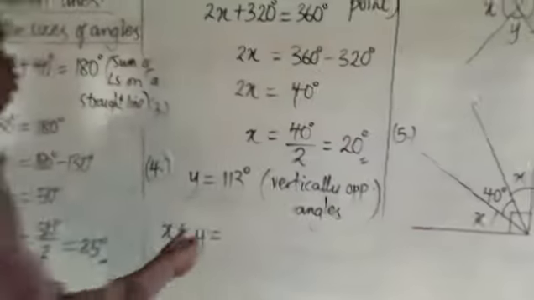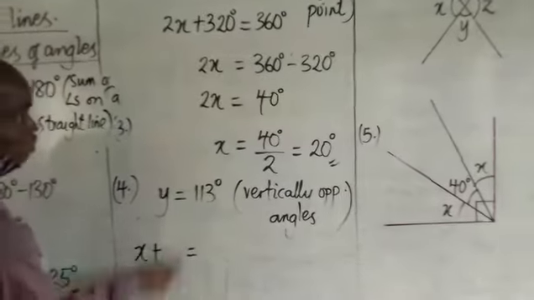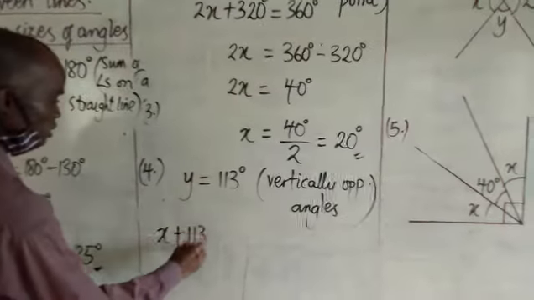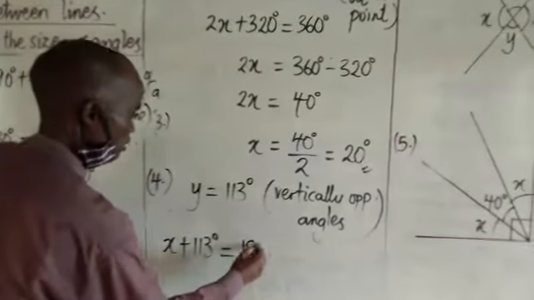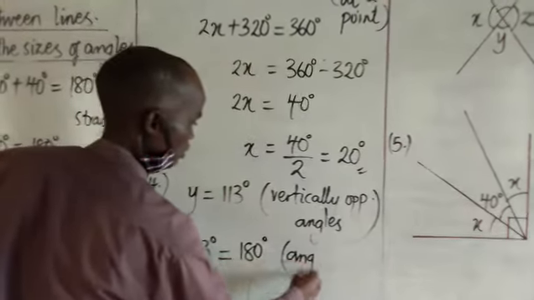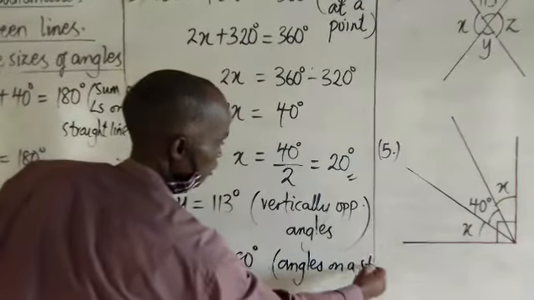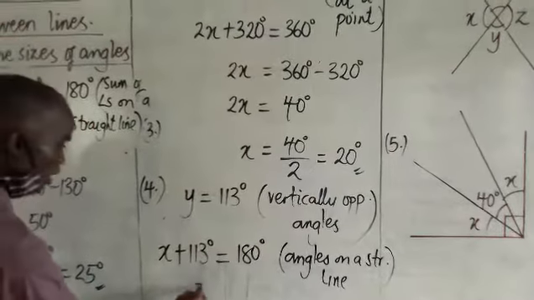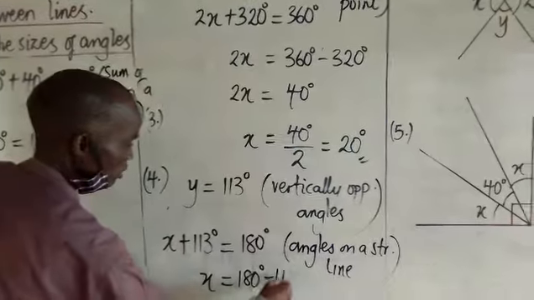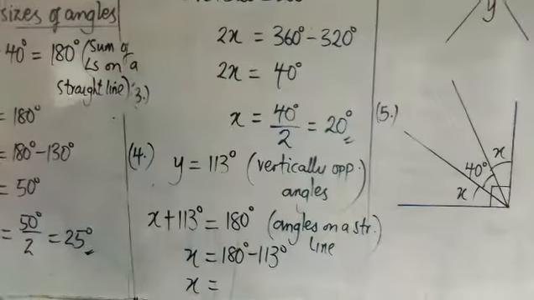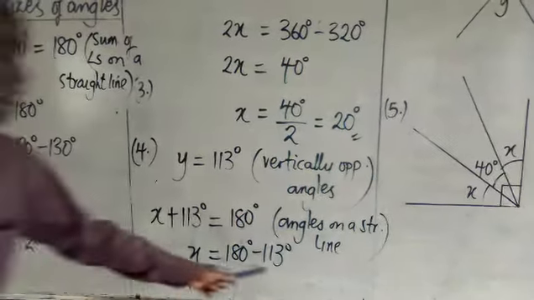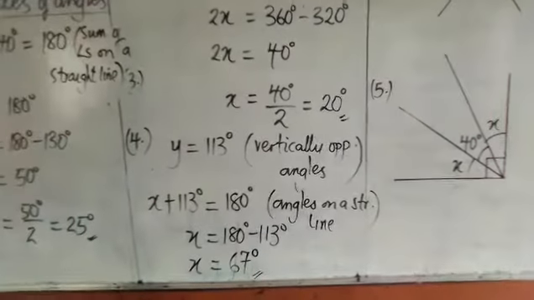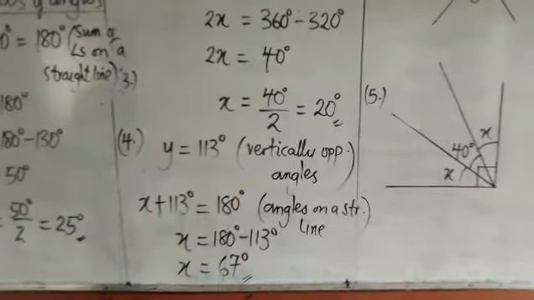So you have x plus, you can actually use that, x plus 130 degrees is equal to 180 degrees. Angles on a straight line. What will this give us? We have x is equal to 180 degrees minus 130 degrees. x will be 50 degrees.